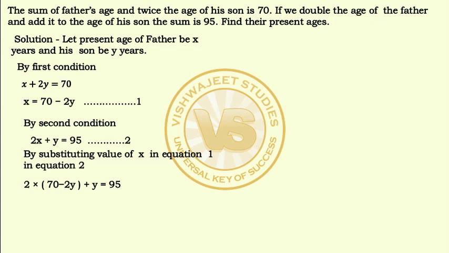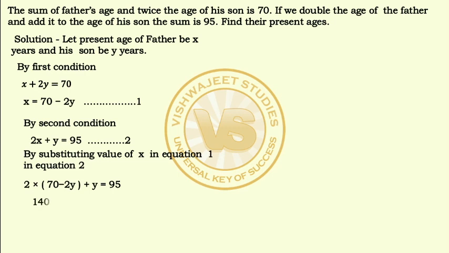Instead of x, we are writing here 70 - 2y, which is a binomial, so write it in brackets. So we get the equation as 2(70 - 2y) + y = 95.